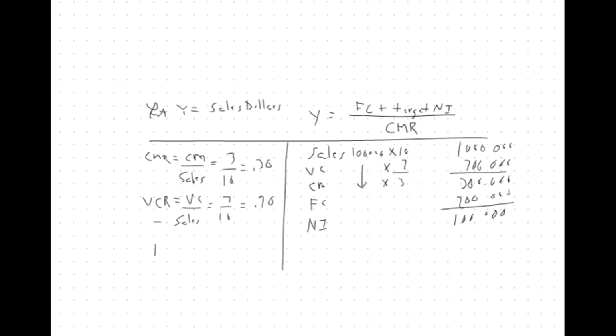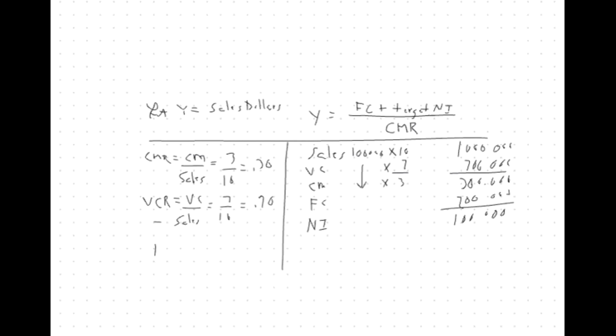So if my CMR is 0.2, then I automatically know my VCR is 0.8. They've got to add to 1. The variable cost ratio is telling me out of every dollar of sales, I have to spend 70 cents on variable cost. Any questions on computing the contribution margin ratio or the variable cost ratio?